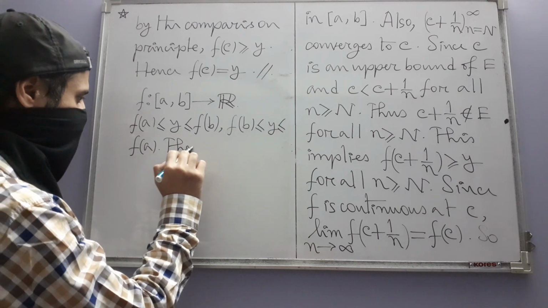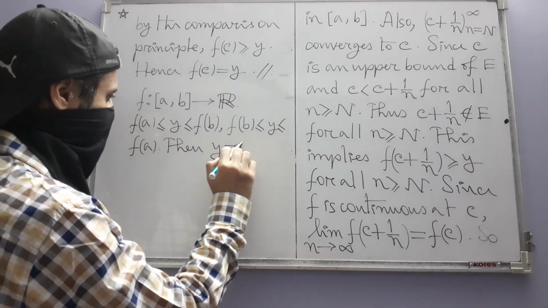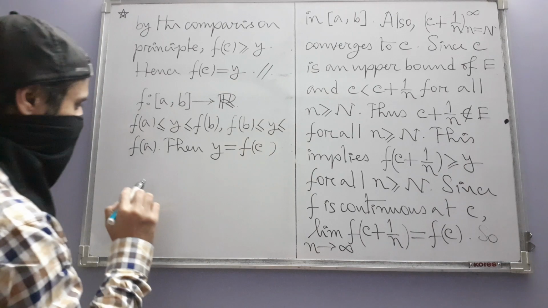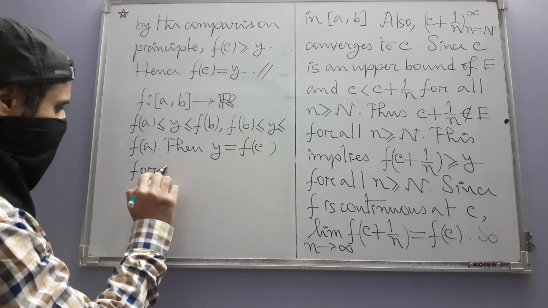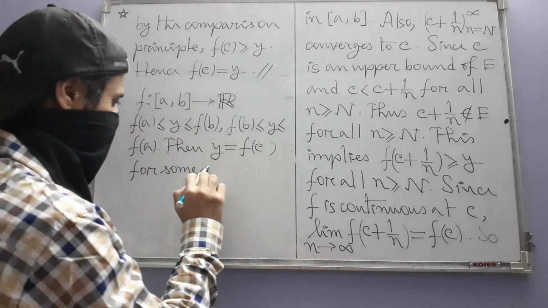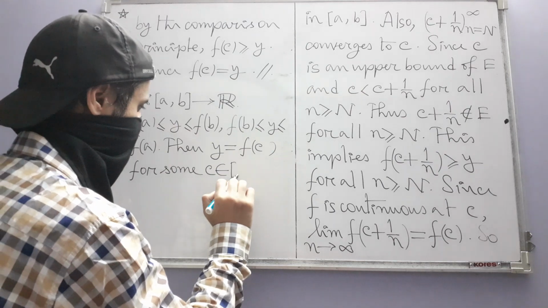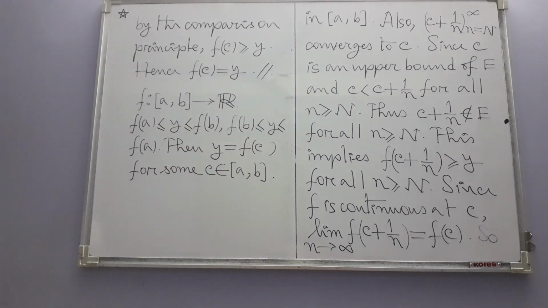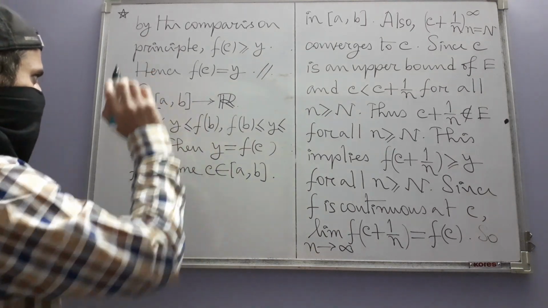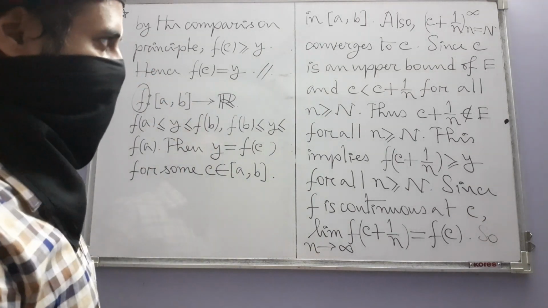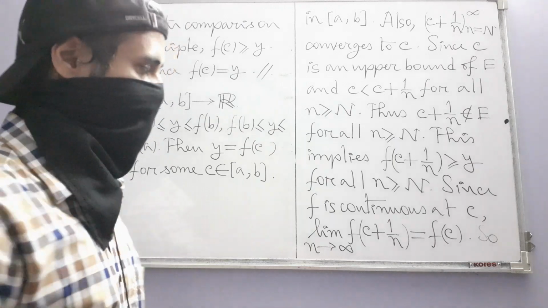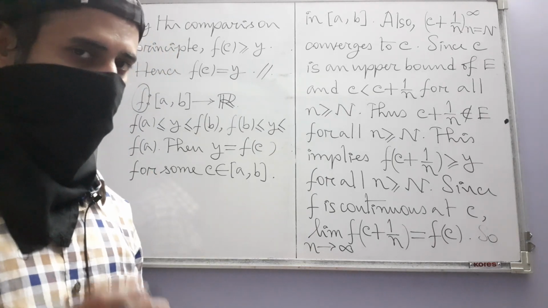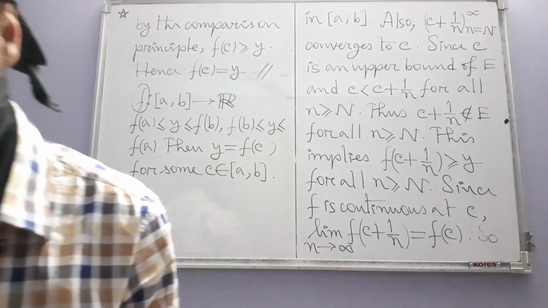Then y is also an f image for some c in [a, b]. Now the hypothesis that f is continuous is important, because without continuity this may not be true, and one such example is given in the text.